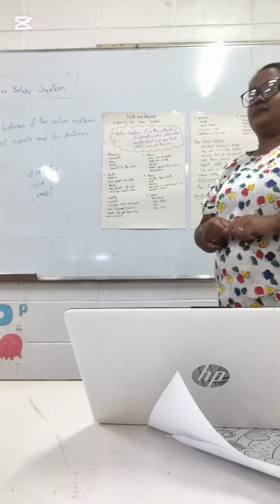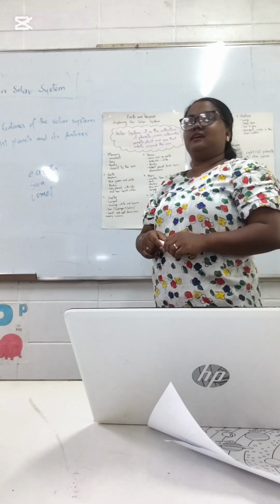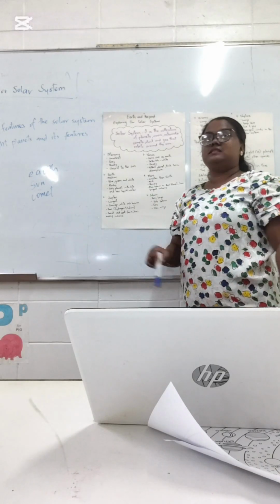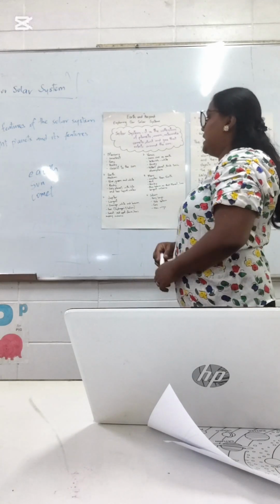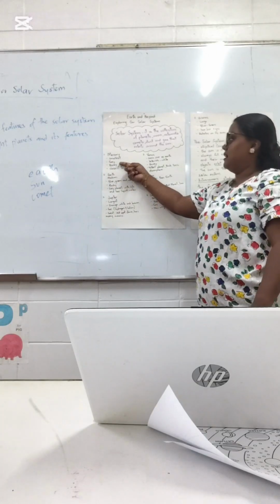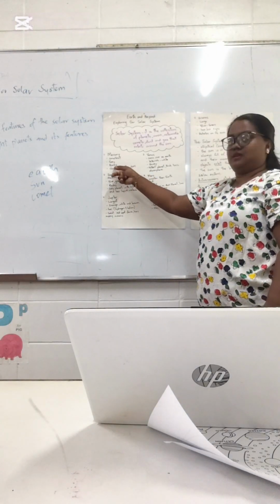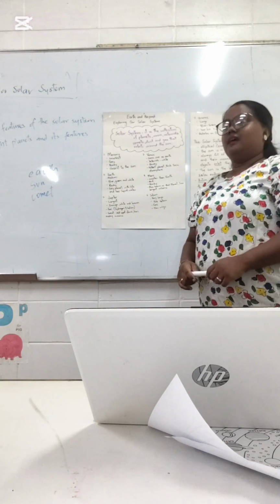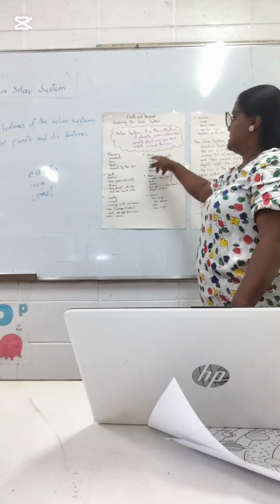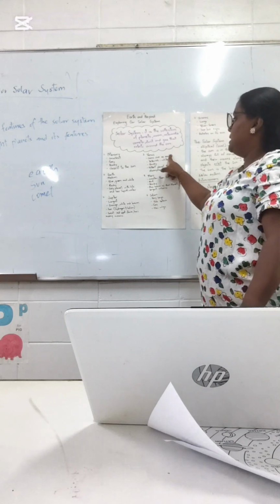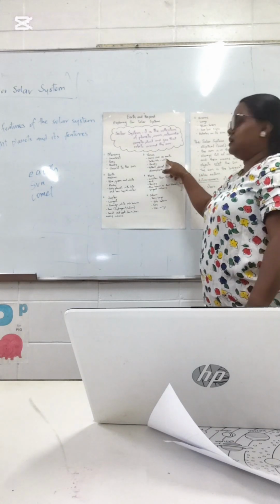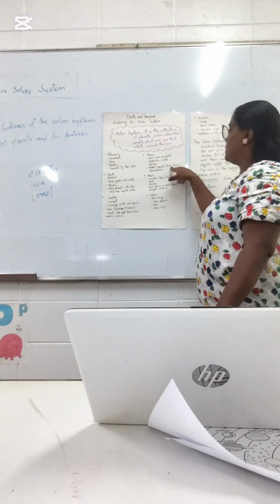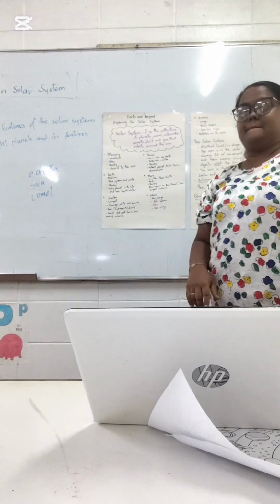They have their own colors that we can distinguish between. So the first planet, what is it? It is Mercury. The feature of Mercury is that it is the smallest planet in our solar system. The color of it is gray, its composition is rocky, and it is closest to the sun. The second planet that we have is Venus. Same size as the Earth, yellowish white in color, composition is rocky, and the feature is hottest planet with a thick toxic atmosphere.